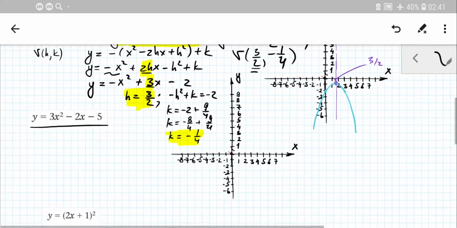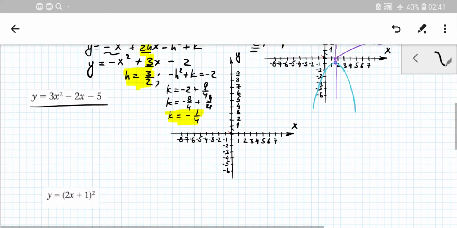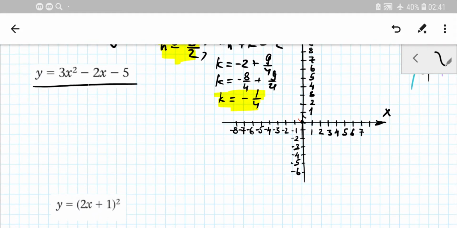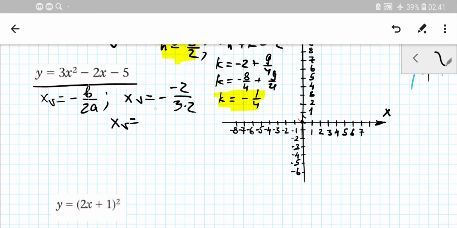All right, and here, as I promised, I'll use the fast track, how to do it very, very fast. Just remember that x vertex is negative b over 2a, so we can do it in a second. Negative 2 over 3 times 2. So x vertex is simply 1 over 3.